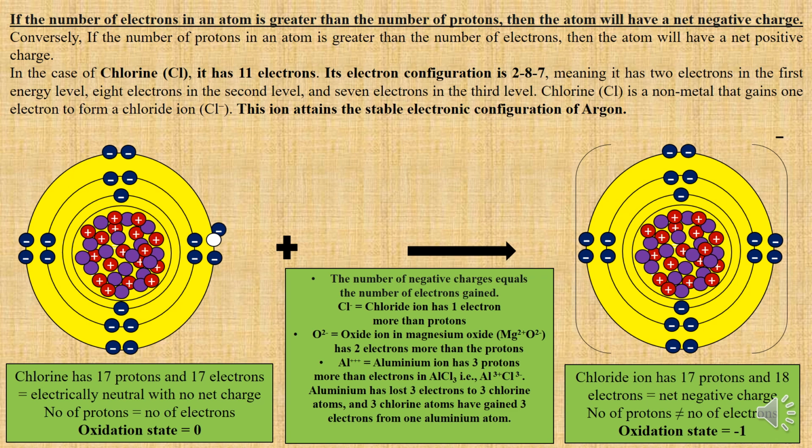Aluminium has lost 3 electrons to 3 chlorine atoms, and 3 chlorine atoms have gained 3 electrons from 1 aluminium atom. In case of alumina, it is aluminium 6 plus and oxygen 6 minus.